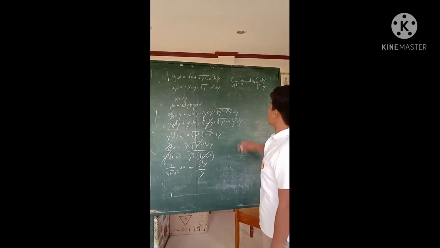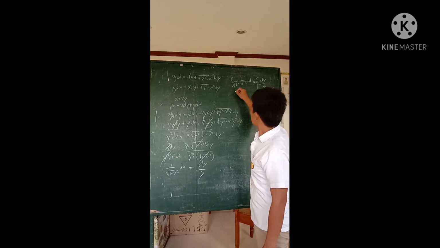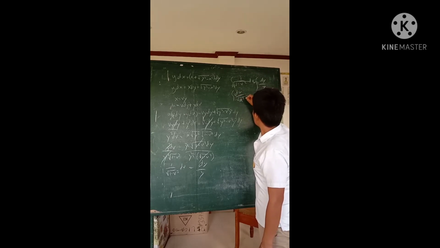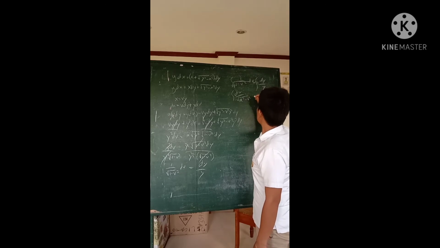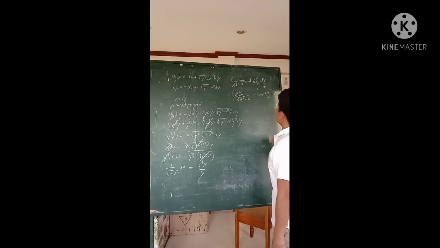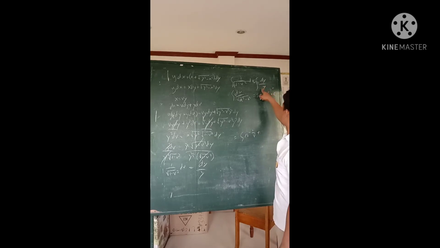Since this is an inverse trigonometric integral, the integral of du over the square root of a squared minus u squared is arcsine of u over a plus c. So the answer is sine inverse of v, plus, the integral of dy over y equals ln y plus c.